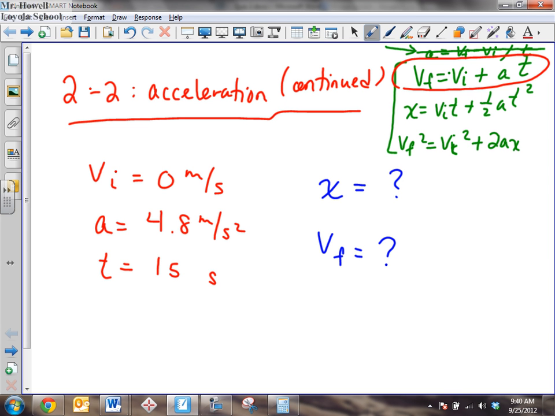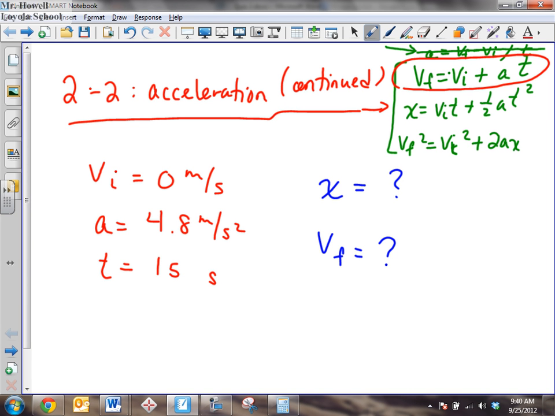What's missing in the last one that we don't have? We don't have VF. But if we got X first by using this equation, which we can do, we know time, we know VI, we know acceleration. We can get X. And then if we know X, we can get VF using the last equation. But as Jeff said, we can get VF just using the first equation.